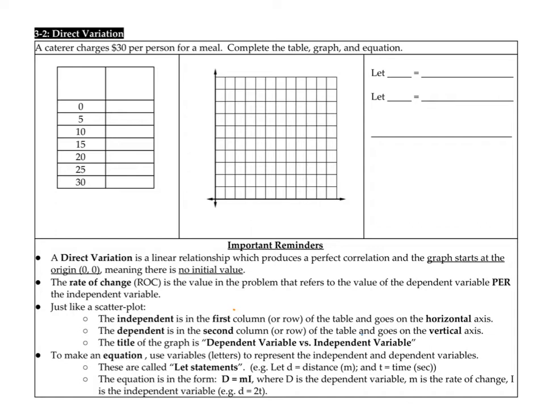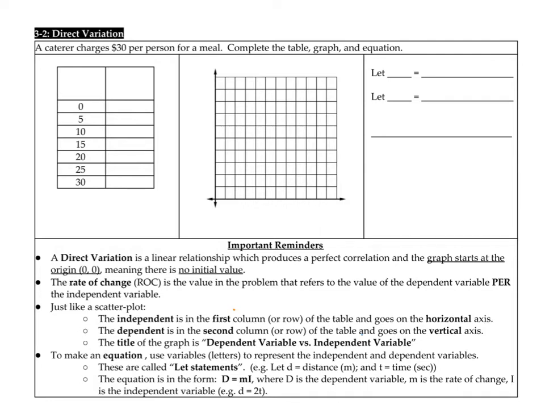So the first thing that you're going to do is to make the table. To do this, you first have to determine which is the dependent variable and which is the independent variable. To be able to do that, you need to know what the two variables are. So what you want to do is try to find the rate of change in the problem.